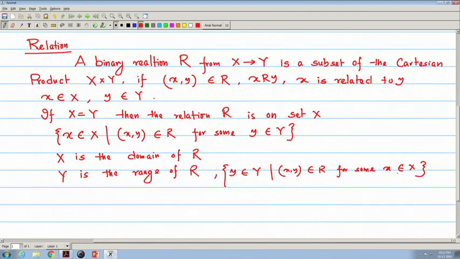Now, the definition is very similar to the definition of a function we have read. Then what is the difference between a relation and a function? So, first I make one statement that a function is a special class of a relation.